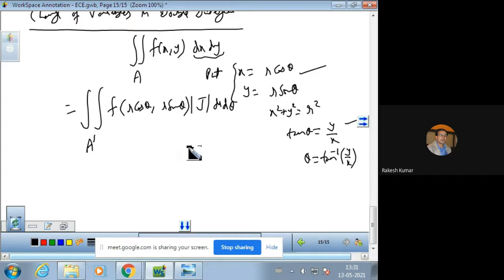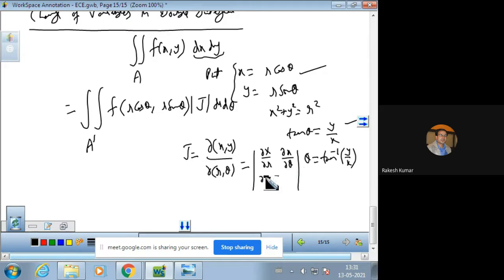So what is a Jacobian? Jacobian is the partial derivatives of x and y with respect to r and theta. So it is a 2 by 2 determinant: del x by del r, del x by del theta, del y by del r, and del y by del theta.